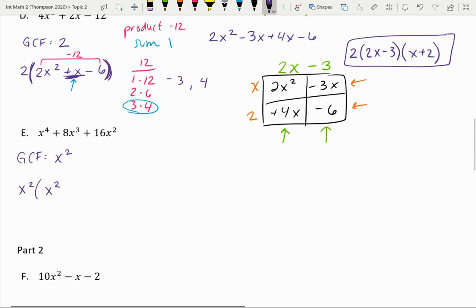So that leaves me with an x squared plus an 8x plus a 16.